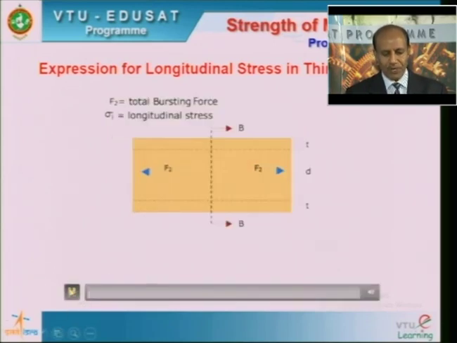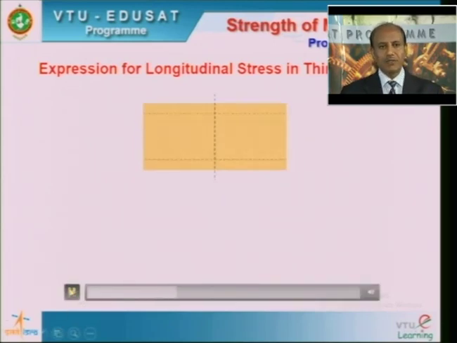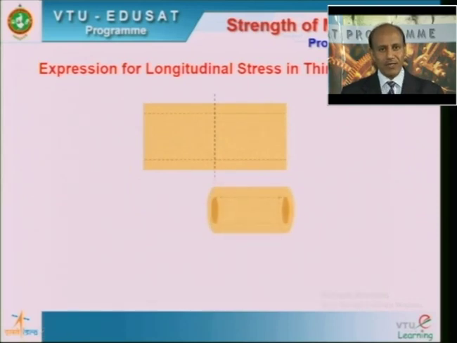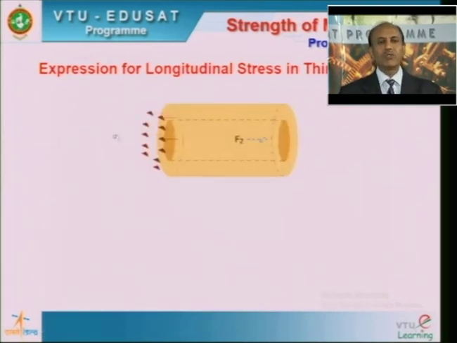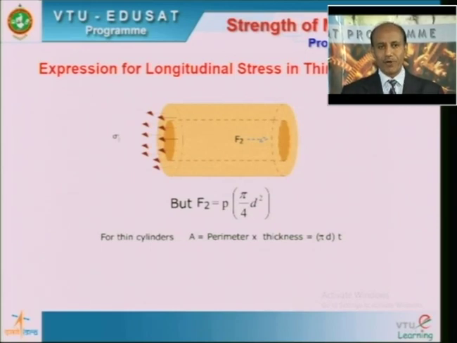Please watch carefully. The section is there, I take the right side of that, rotate, and show you the magnified view. On the right side, you see the bursting force acting on the right end wall of the cylinder, and at the cut section you see the longitudinal stresses being released because of that cutting edge.